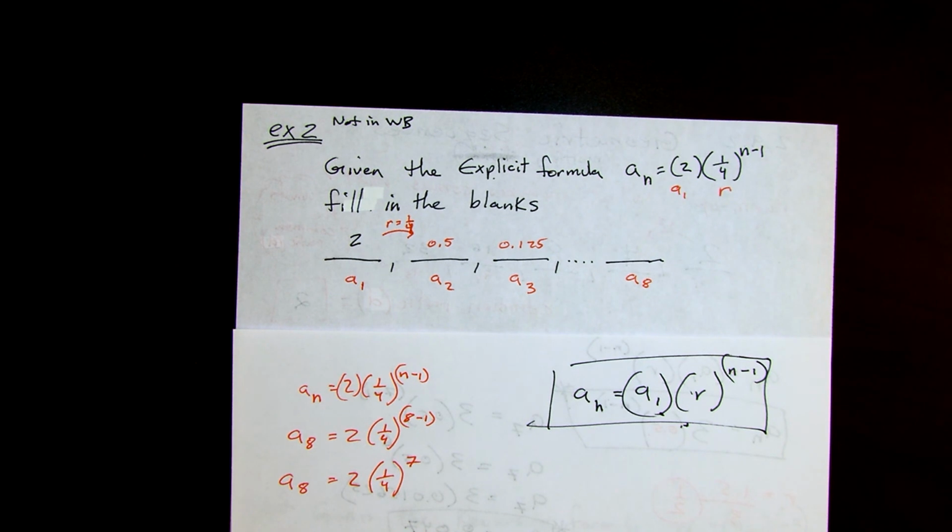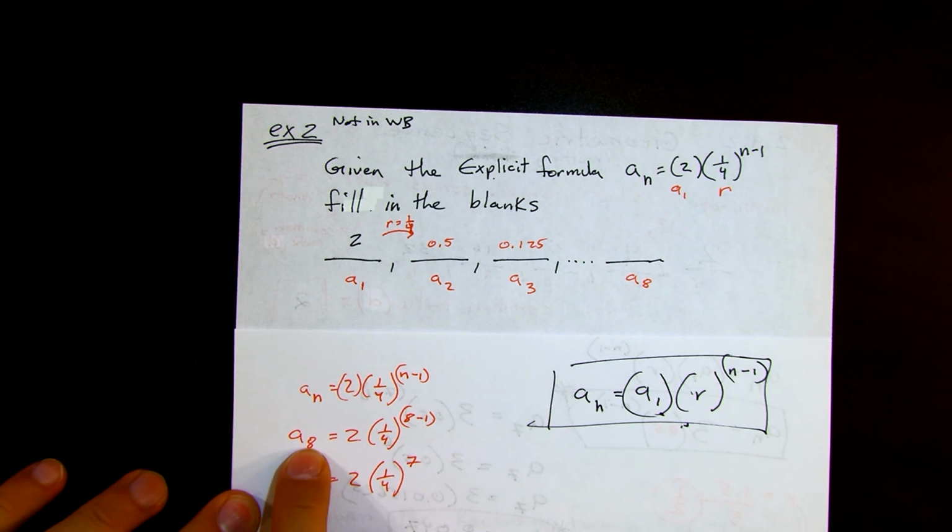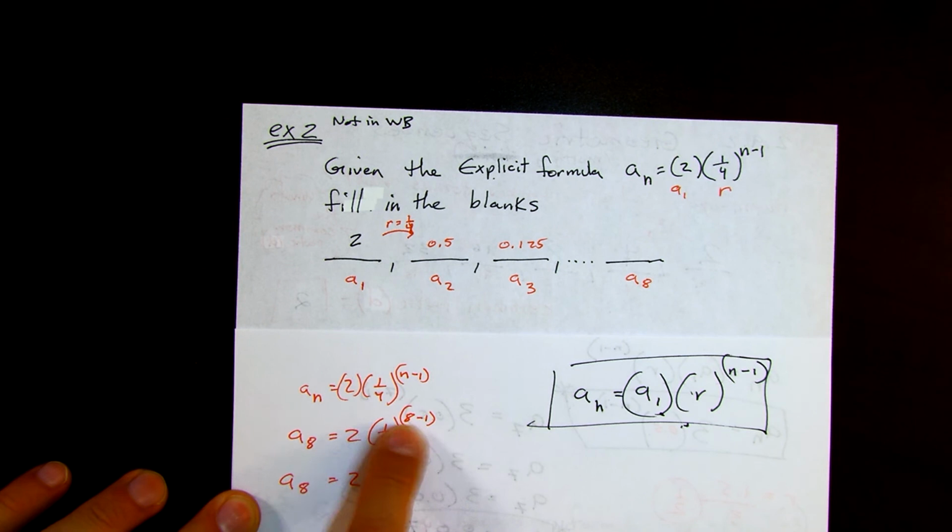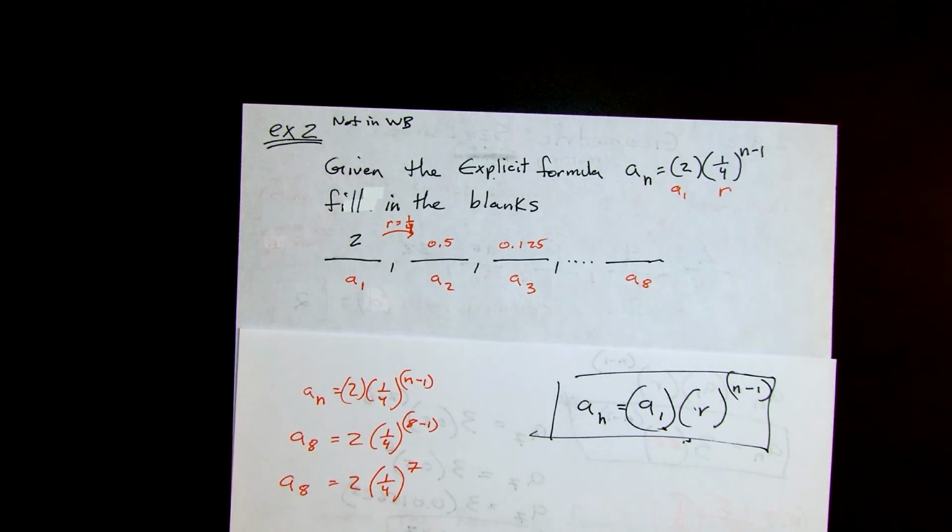Yeah, it's a lot of zeros in there too. It's small. All right, tell me in the chat if you got it. How did you get 7 for the exponent? Well, since I'm looking for the 8th term, I plug in 8 as my n value. 8 minus 1 is 7.